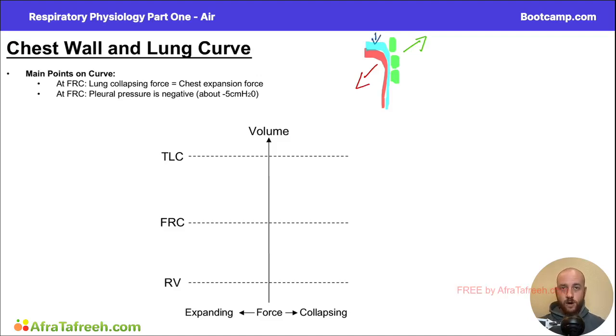Okay, so our chest wall and lung curve is drawn on a graph that has an x-axis that consists of force and a y-axis that has volume. So in terms of volume, we start down here at residual volume, and then as we increase our volume, we eventually get to FRC. And can you remember what volume from our last video is between residual volume and FRC?